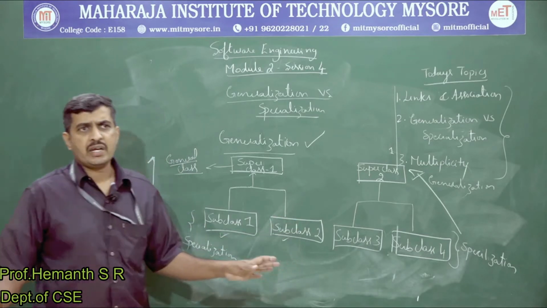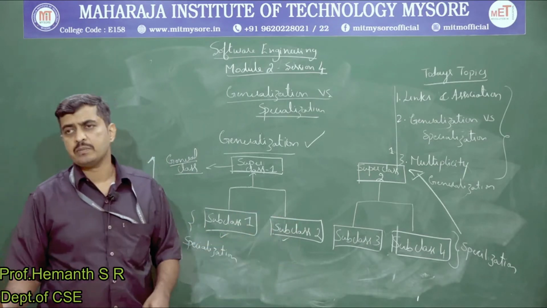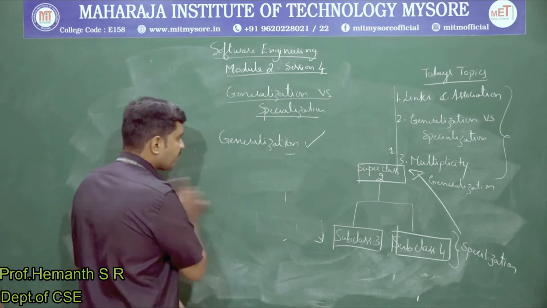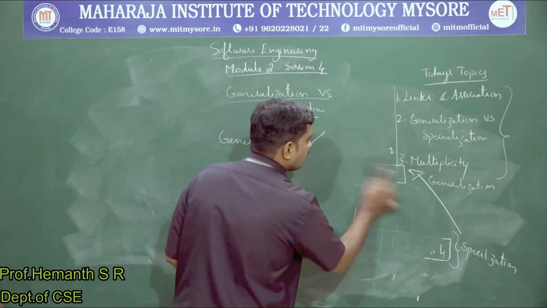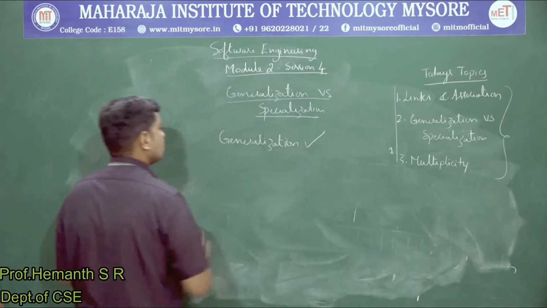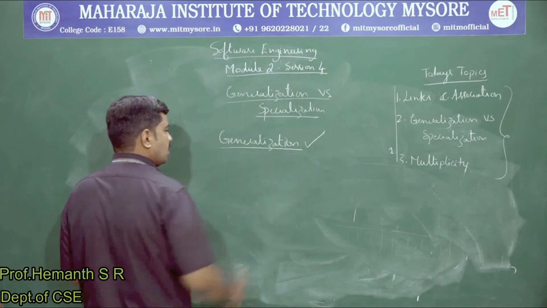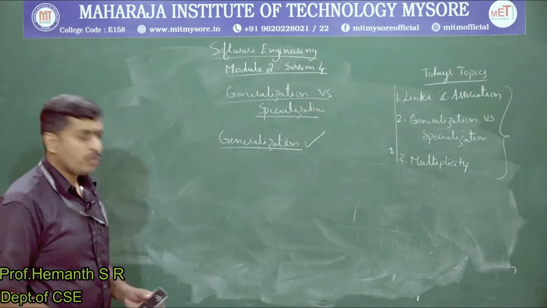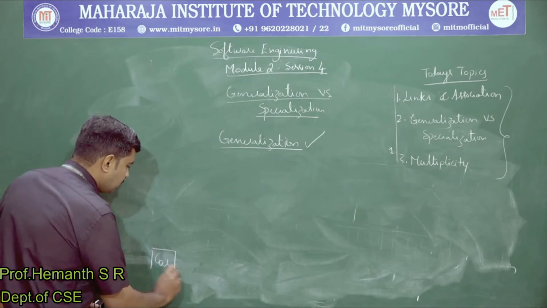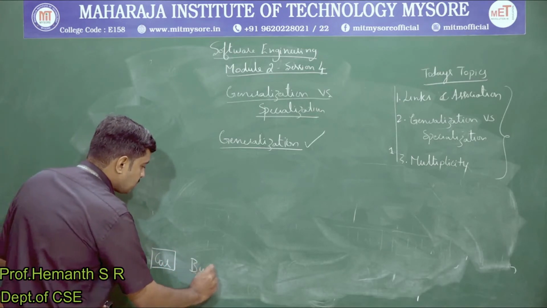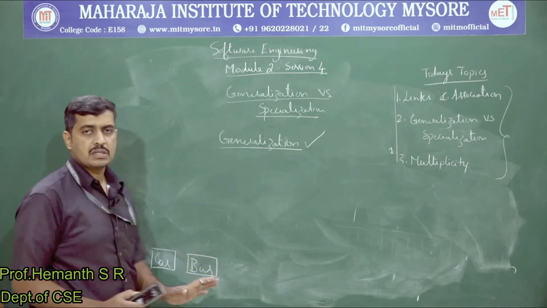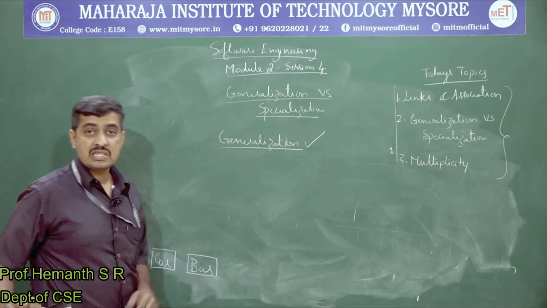To improve our understanding, I'll take a more specific example for generalization. Let us consider a few vehicles like car and bus. We'll assume car and bus are the subclasses.